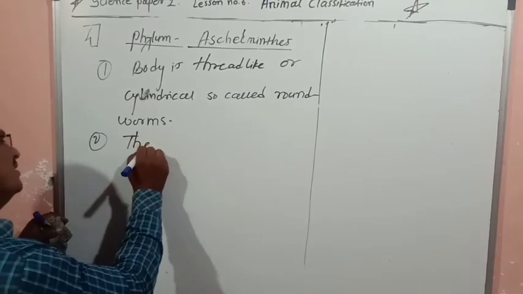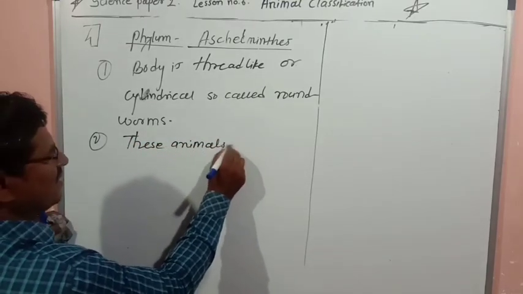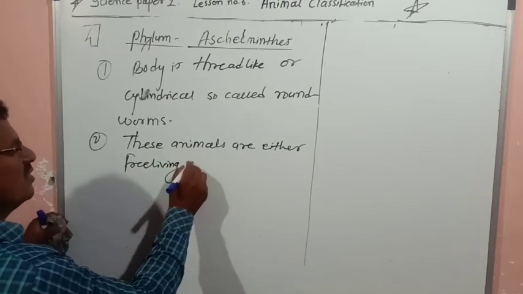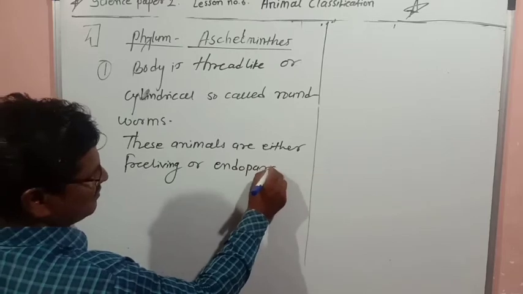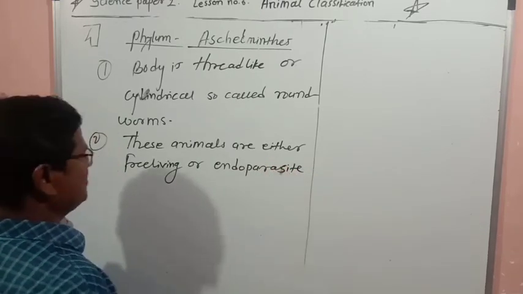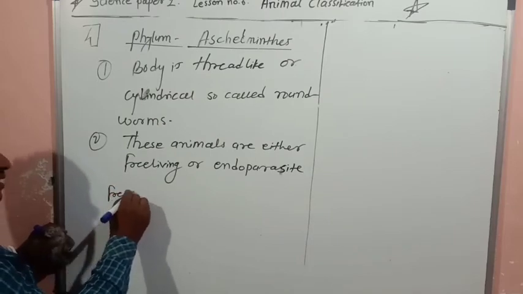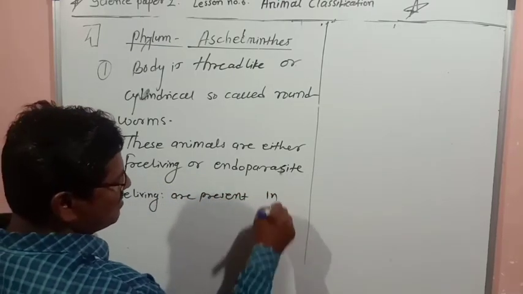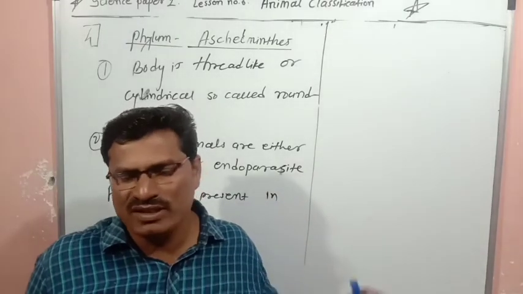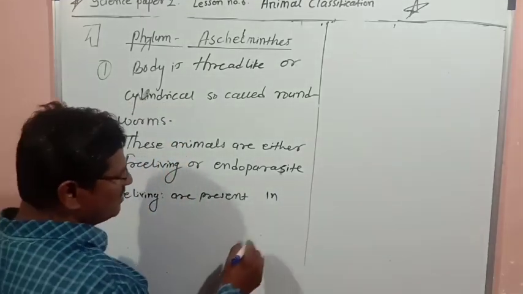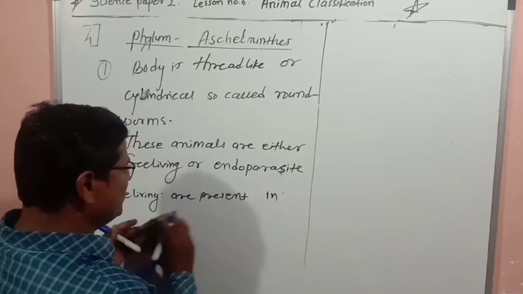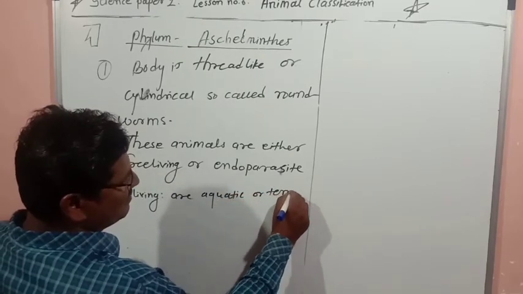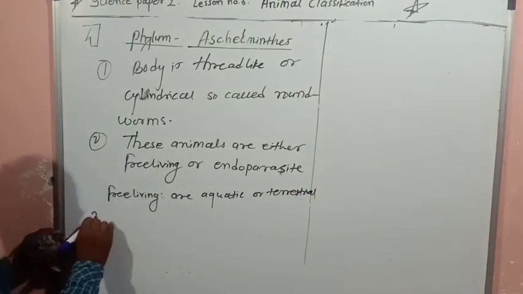But the free living ones, in a simple way, are aquatic or terrestrial. Aquatic or terrestrial.